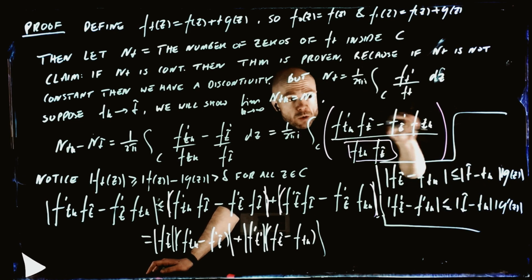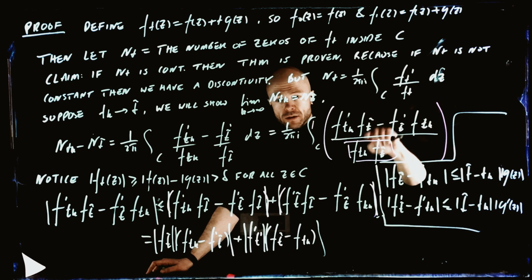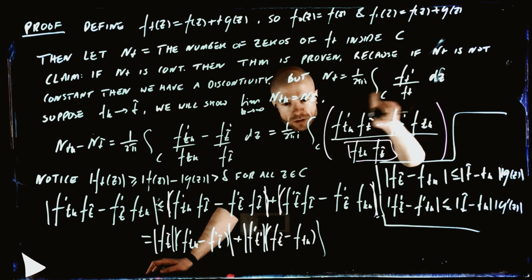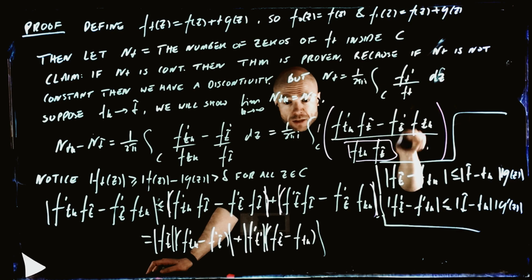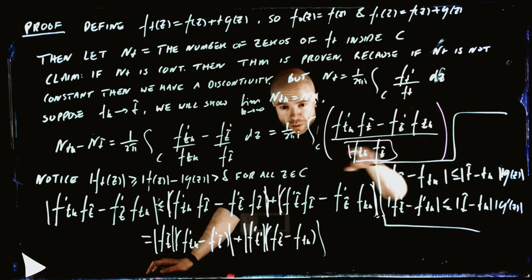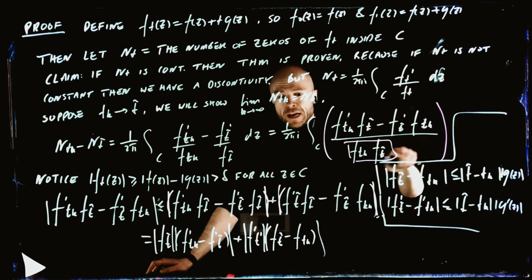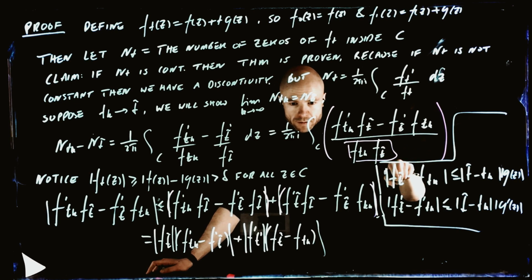So the stuff in the numerator is definitely going to 0 uniformly with respect to z around the curve. And the denominator is definitely bounded above. So this stuff inside the integral is uniformly converging to 0. So we can pass the limit through the integral and therefore this thing in the limit is equal to 0. Yeah? Everybody happy?